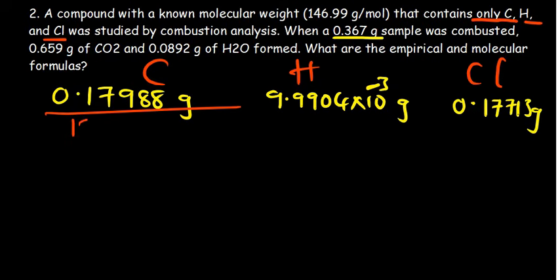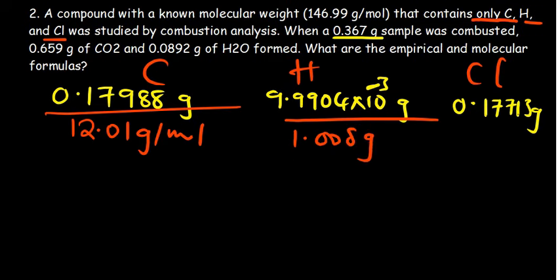The molar mass of carbon is 12.01 grams per mole, hydrogen is 1.008 grams per mole. Chlorine is what? What's the molar mass of chlorine if you check your periodic table? It is 35.453. Sorry for the delay.